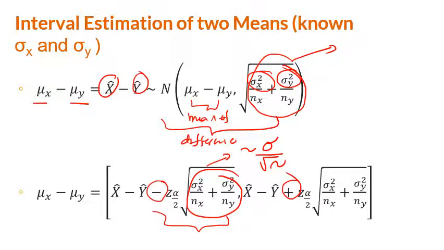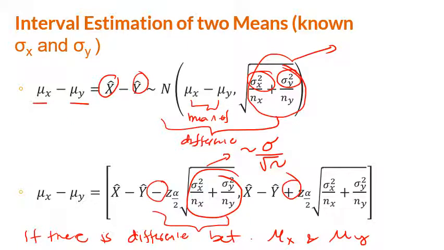Okay. So, ang important dito, class, if we are to establish that there is a significant difference between mu x and mu y, or kung iba yung population ng mu x and mu y, so ibig sabihin, para sure tayo na may difference sila, or mataas yung likelihood na may difference sila, 0 is not included sa confidence interval natin.